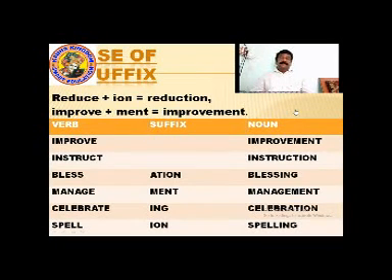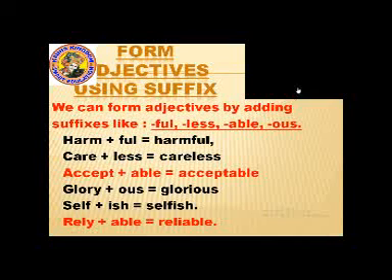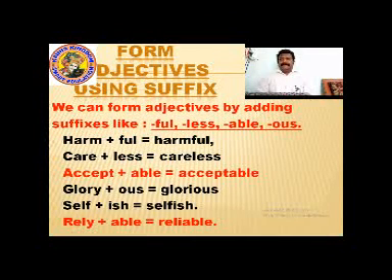Now, is this clear, how we are converting it into a noun by adding a suffix? Write it down. Give me 5 seconds. Yes. Now we have seen how to form a noun using suffix.